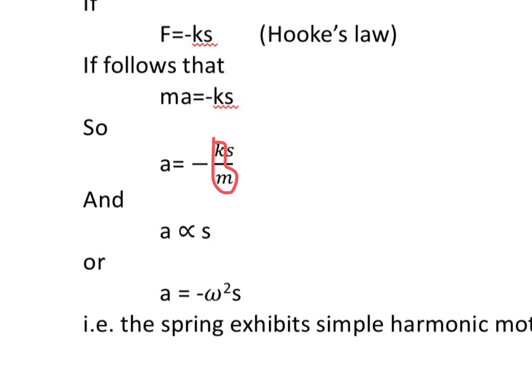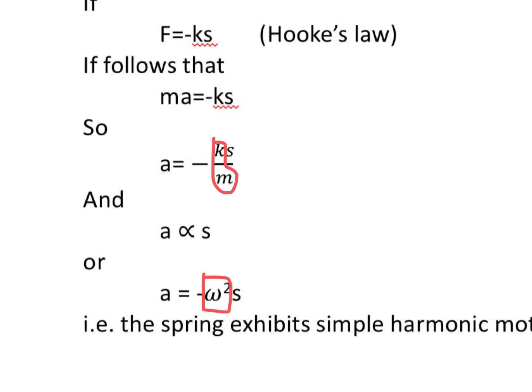And then something else reappears in between, and it's our minus angular velocity squared. So otherwise these are the exact same formula: a equals minus something times s. In this case the something is K over M, in this case the something is angular velocity squared.